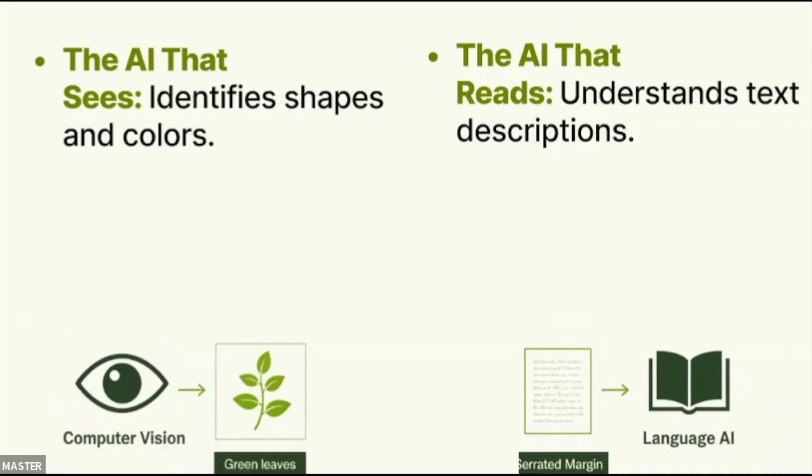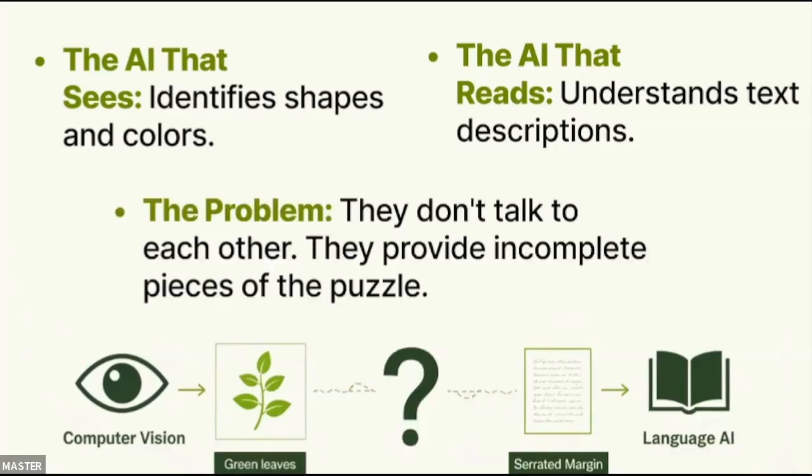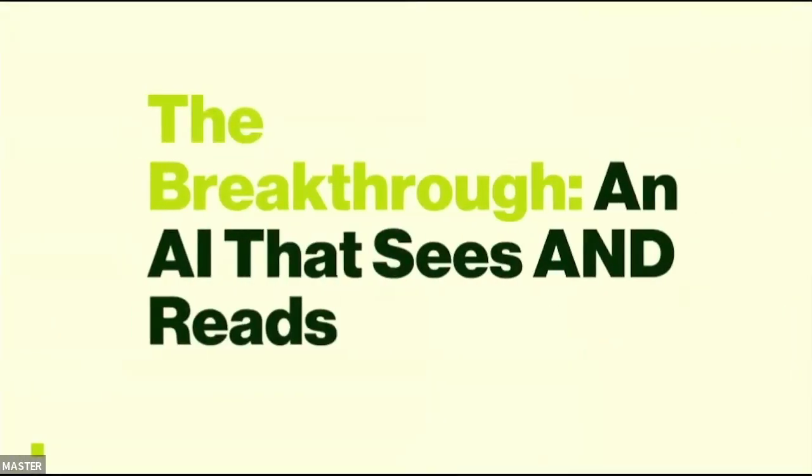But there is a problem. The seeing AI doesn't understand what serrated means, and the reading AI cannot actually see the leaf. Each provides valuable information, but they offer an incomplete piece of the same puzzle. What's missing is the connection, the bridge between vision and language.